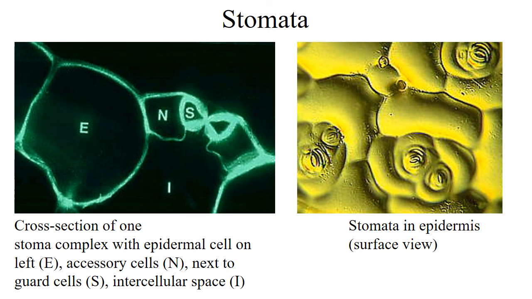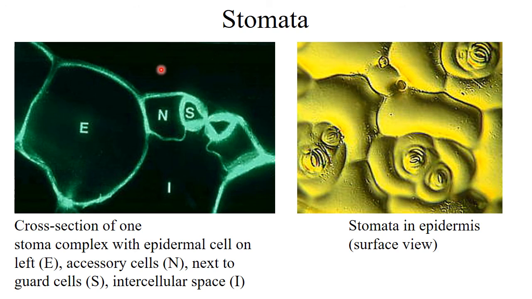So another element of plant anatomy that's obviously crucial to the movement of water within plants is the stomata. So these are two really good photos showing stomata. This first photo is a lateral cross-section of a single stomata. So these are the guard cells, the two guard cells. This is an accessory cell adjacent to the guard cell, and this is just a leaf epidermal cell.